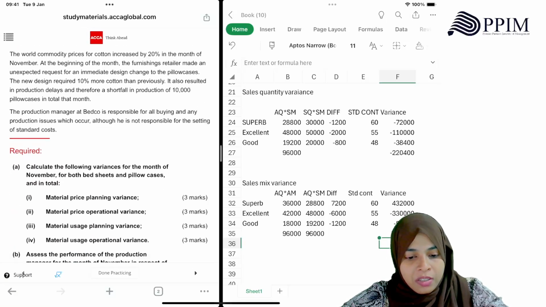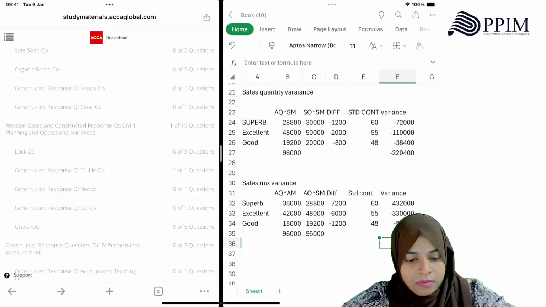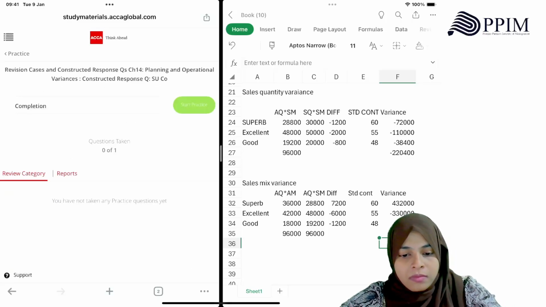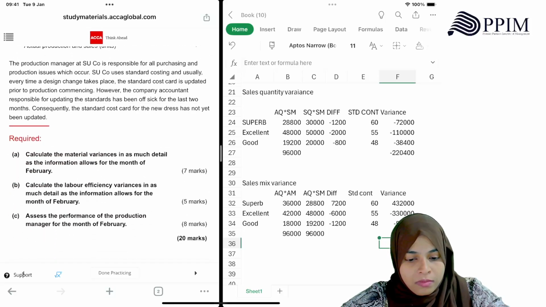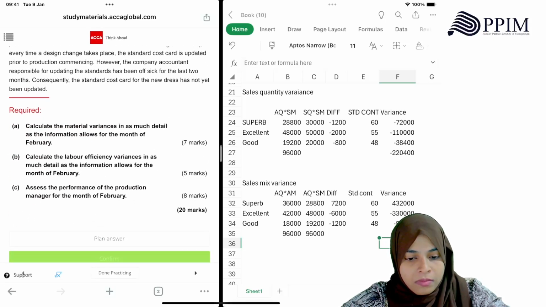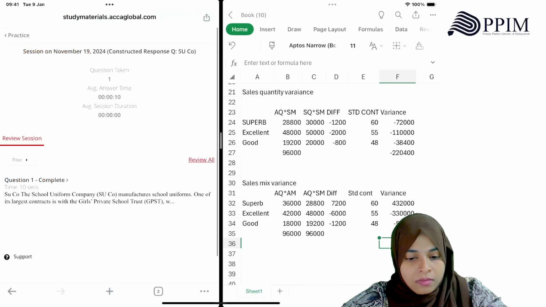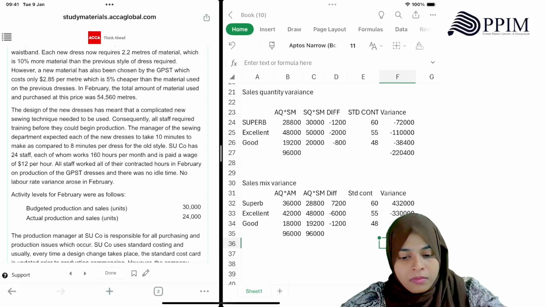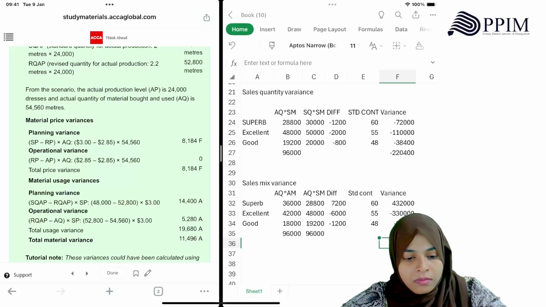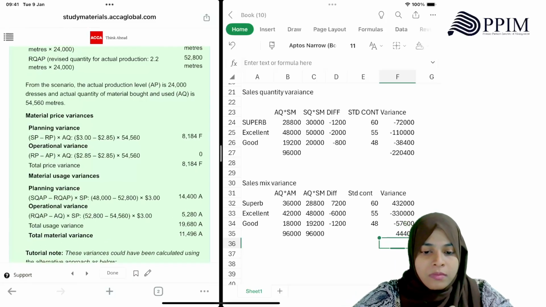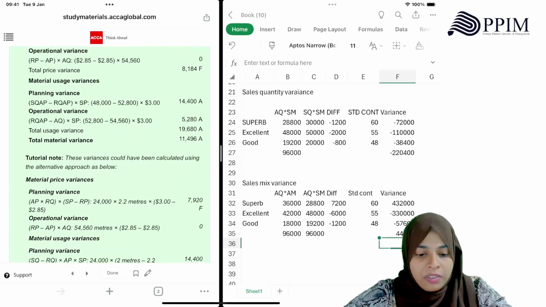I want to particularly do that. This is what we've done.